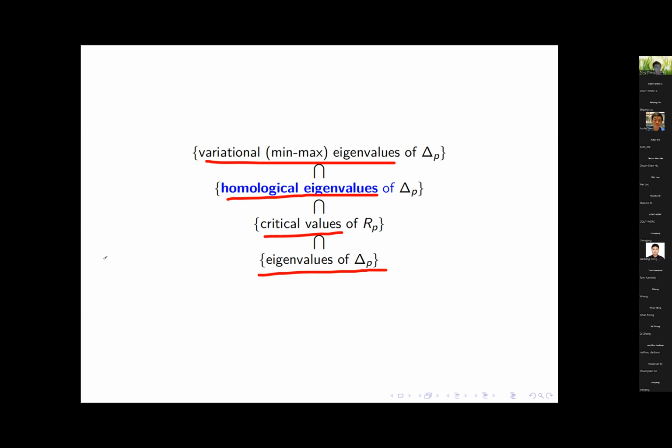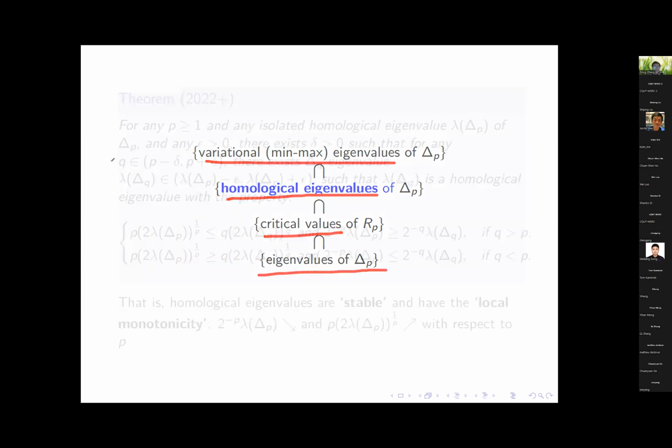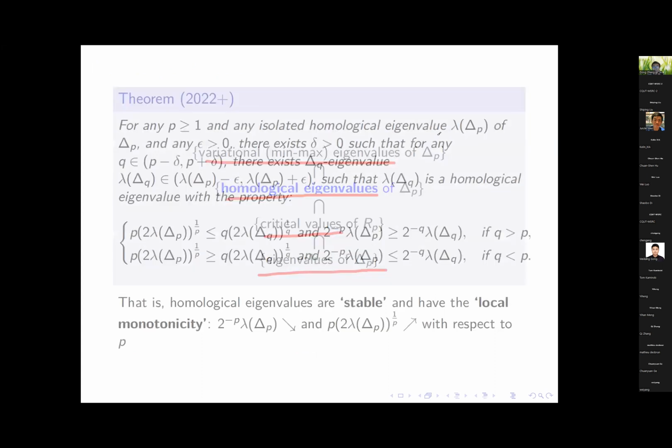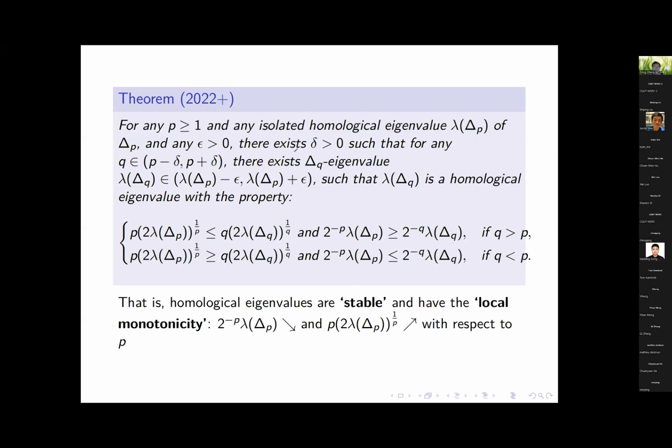I will show you the main theorem here. For any isolated homological eigenvalue lambda of the p-Laplacian, and for any positive epsilon, there is a positive delta such that for any q in the delta neighborhood of p, there exists a q-Laplacian eigenvalue in the epsilon neighborhood of the p-Laplacian eigenvalue lambda, such that the q-Laplacian eigenvalue is a homological eigenvalue, and it satisfies this local monotonicity property like this.